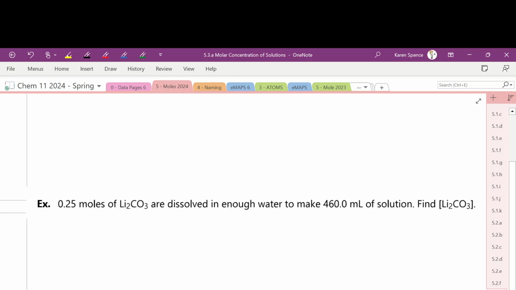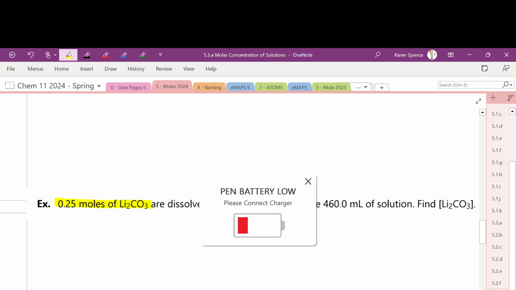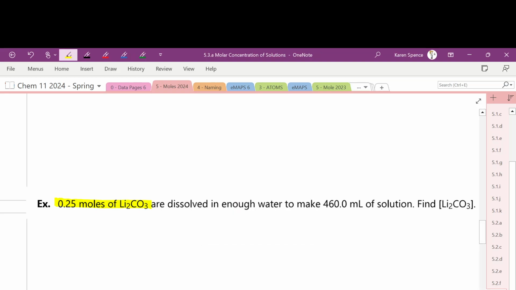So we have a question, and it says we have 0.025 moles of Li2CO3, and they are dissolved in enough water to make 460 milliliters of solution. How would we read this last part here? What would we say we are finding? Tell your partner.